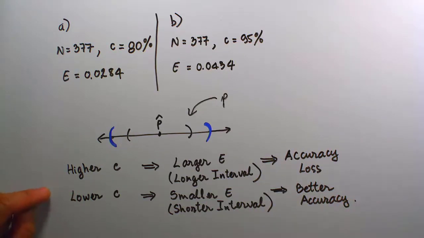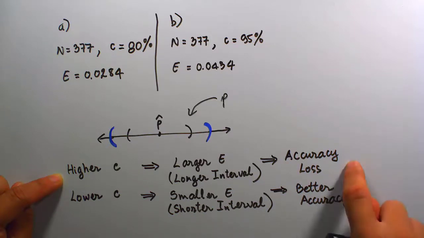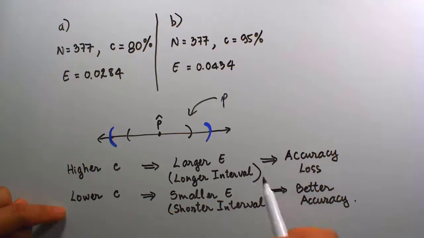What I mean is, in either way, there's still a trade-off for us. If we want a higher confidence level, a higher guaranteed successful rate, then we have to trade off with some accuracy, meaning we'll have some accuracy loss right here. And if we want to have better accuracy, then we have to trade off with some successful rate, meaning we'll have lower successful rates.